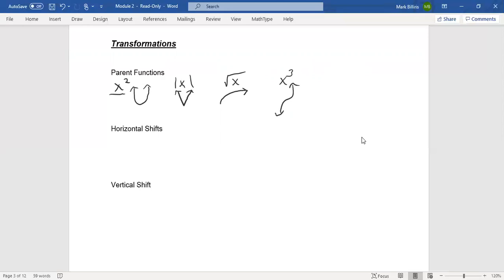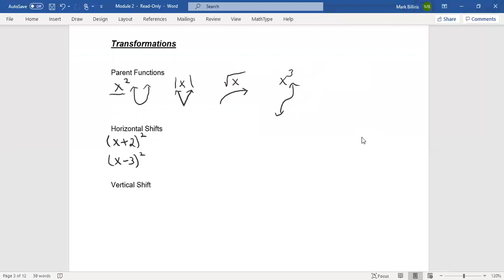So notice inside parentheses, if I'm adding a value to x or subtracting a value from x, and notice the parent function, it's squared. And notice that the value being added or subtracted is within the parentheses. This would be a horizontal shift.